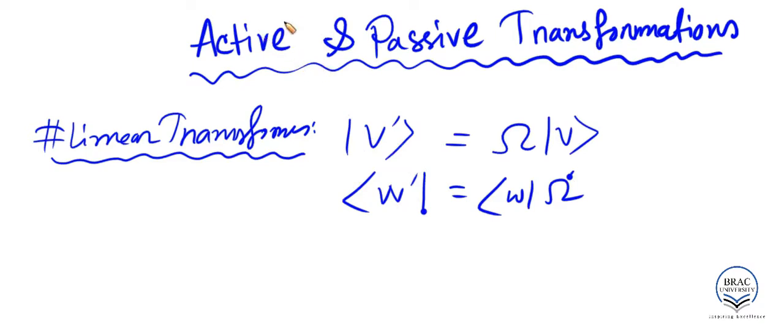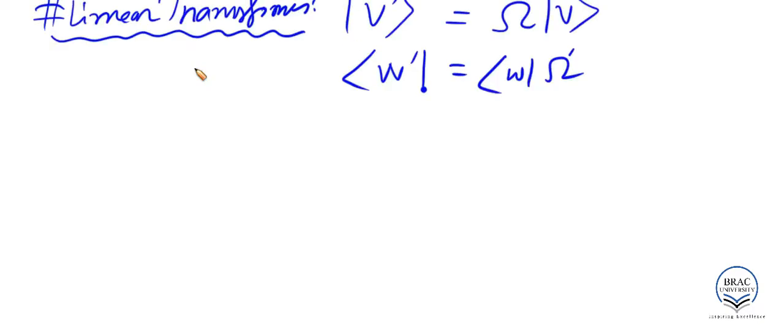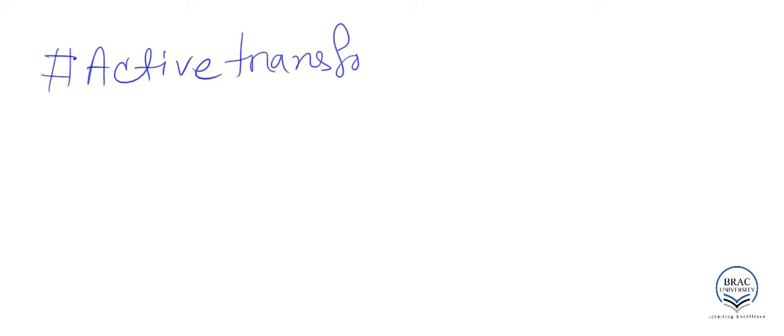So first I want to show what an active transformation is. Let's write first active transformations. Let's say you have a vector space. Though they are abstract, let's just try to draw a vector that is given by v.